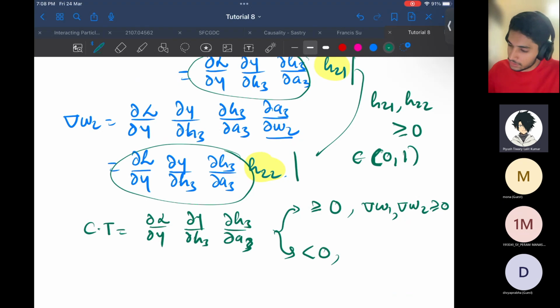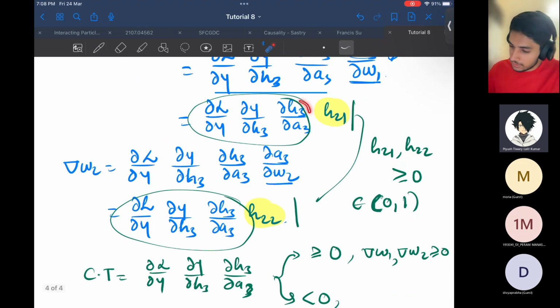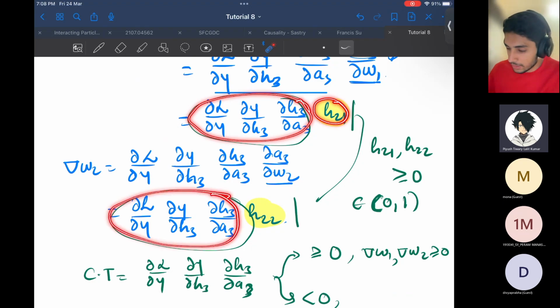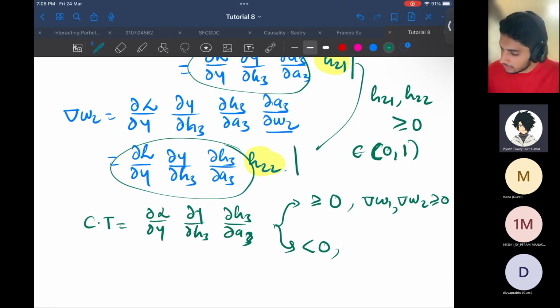Well, what if it is less than 0? Then this is a negative quantity, this is a positive quantity. Similarly, this is a negative quantity, this is again a positive quantity. The multiplication of a positive and a negative is negative, so gradient of W1 and gradient of W2 are both less than 0.